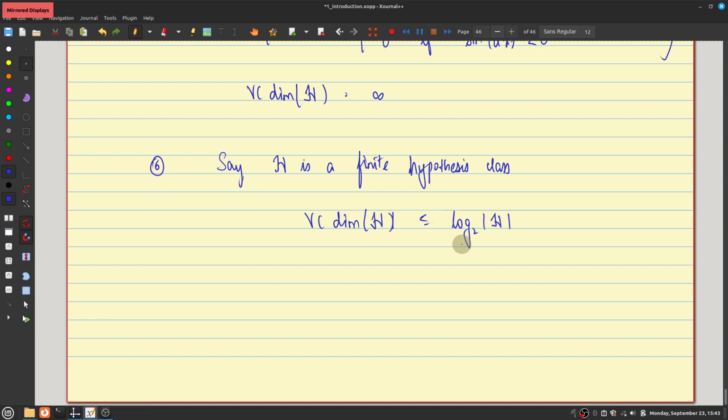X could be finite or infinite, but no matter what happens, it can't be any larger than log of the size of H. It could be much, much smaller. It could even be 0.